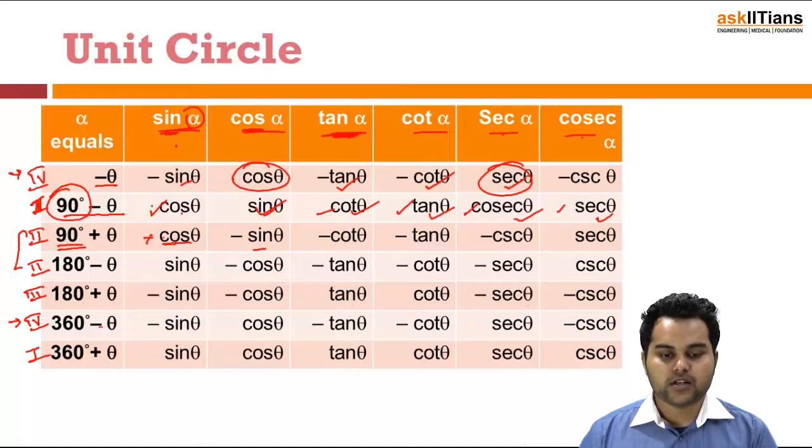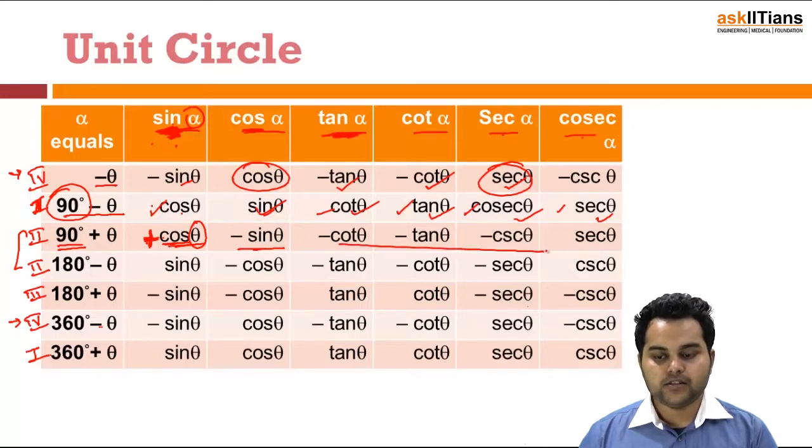There is a change in the trigonometric ratio, the angle is theta, and the sign in front is positive because the root trigonometric ratio, sine, is positive in the second quadrant. Hence sine of 90 plus theta is equal to cos theta. Then cos of 90 plus theta would be minus sine theta. There is a sign change and a trigonometric ratio change, and so on.